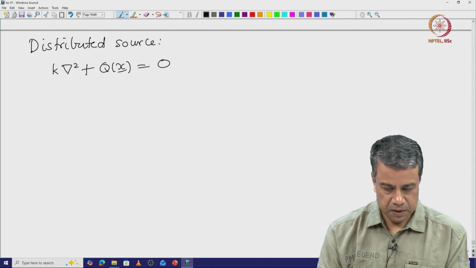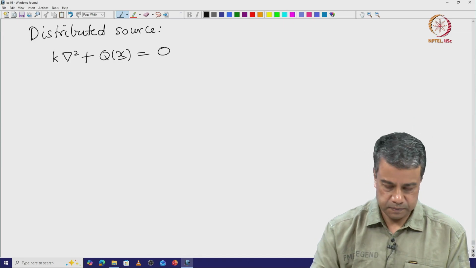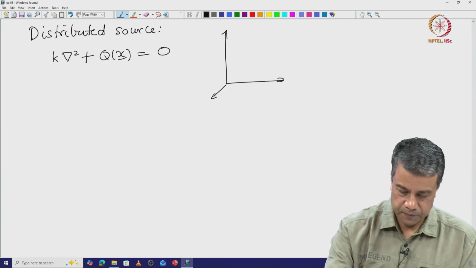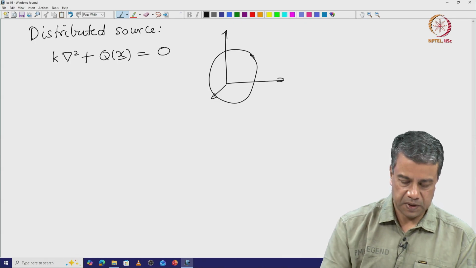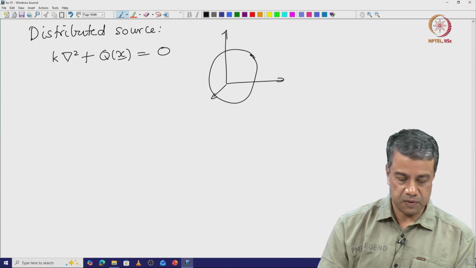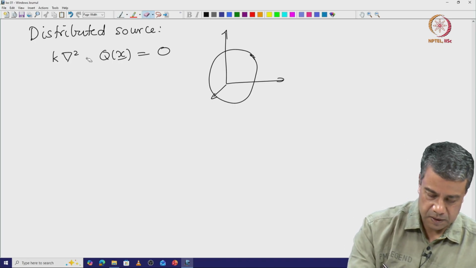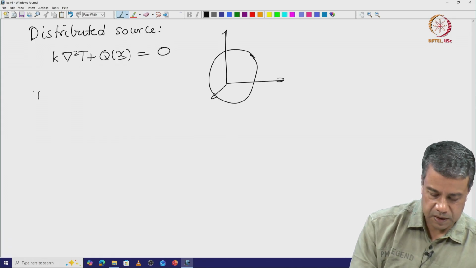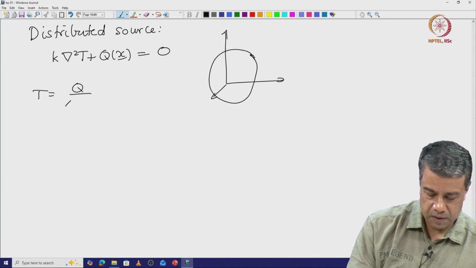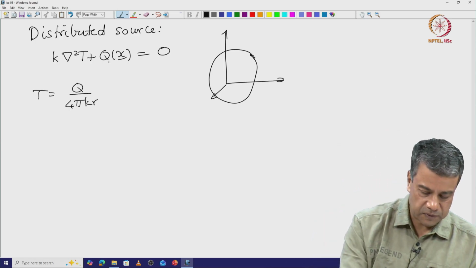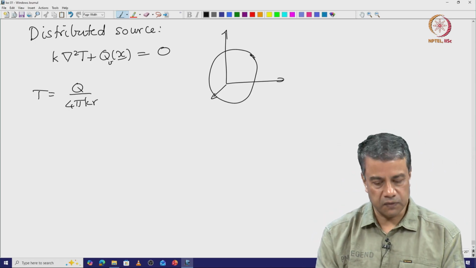If I had a distributed source, for a single point source, I know that the temperature field T is equal to Q by 4 pi K R. Whereas this is a volumetric source, it is a source per unit volume per unit time.